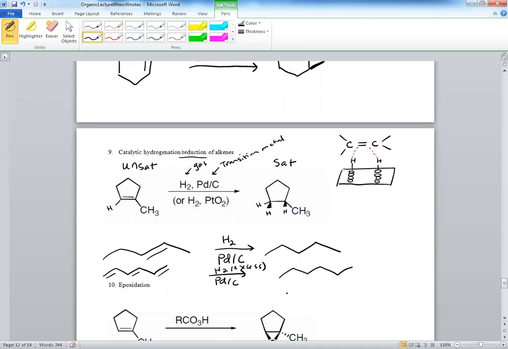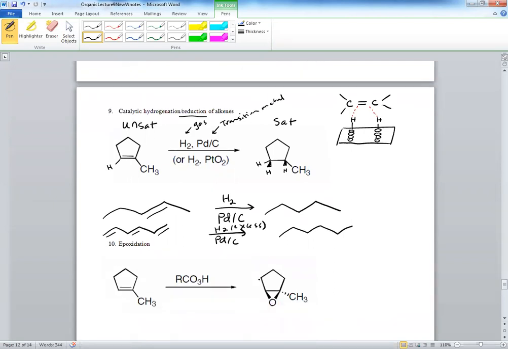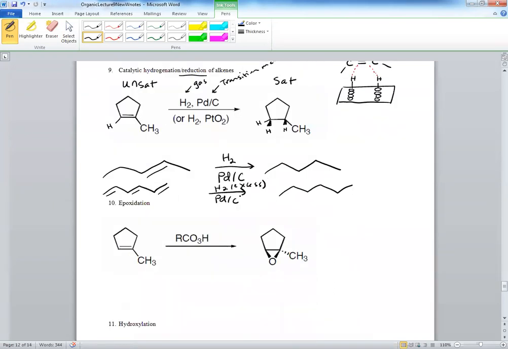This is the process that they use in making hydrogenated oils, vegetable oils, which is actually a bad process health-wise, because again, it goes from unsaturated to saturated.